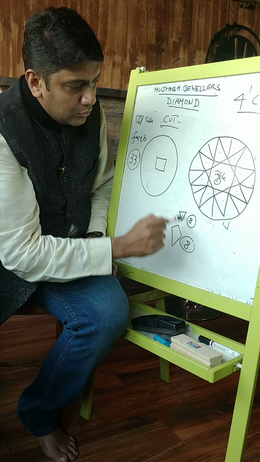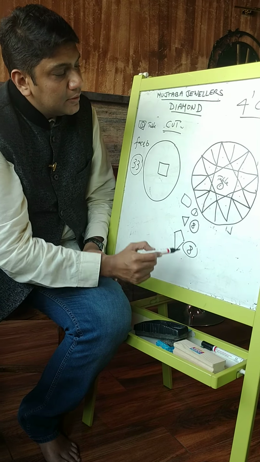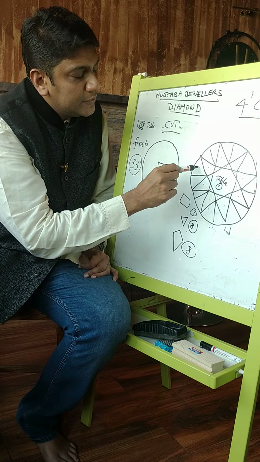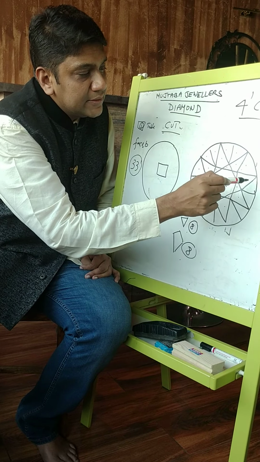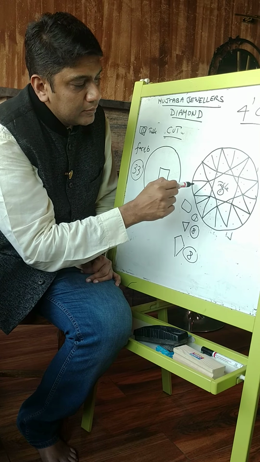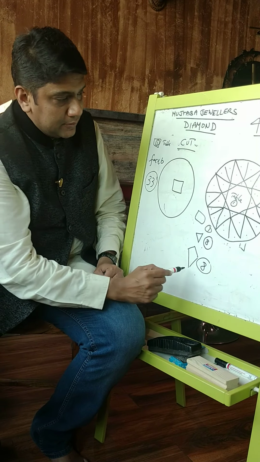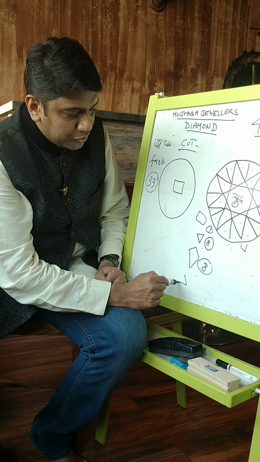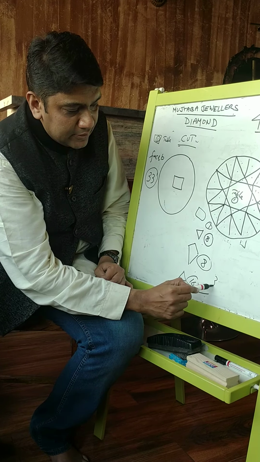So, 1 table, 8 triangular pieces, 8 kites, and these are called star facets. They are 16 in number, or they are also called the upper pavilion facets. They are also triangular in shape. So when you total this up, it's 33.